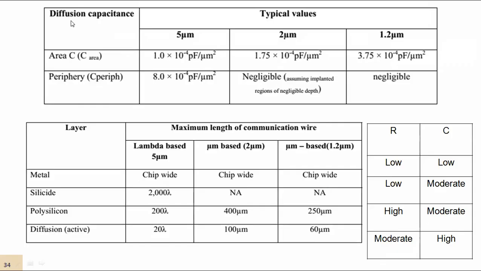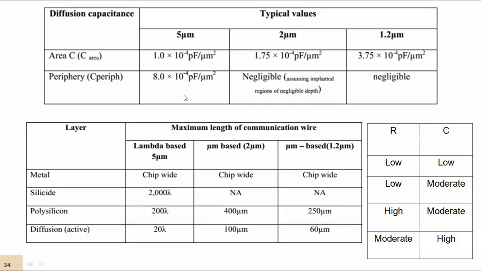For a diffusion capacitance in a 5 micrometer technology, C area is 1 into 10 to the power of minus 4 picofarad per micrometer square. For the peripheral, CP is 8 into 10 to the power of minus 4.